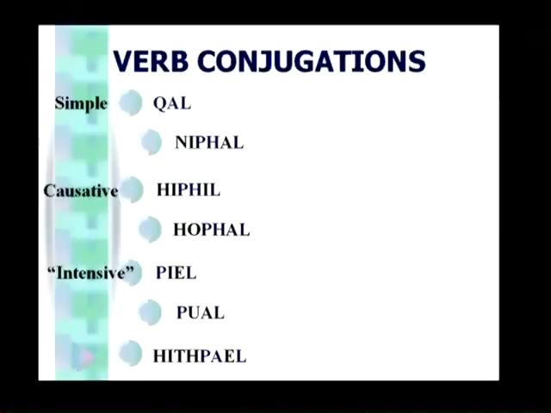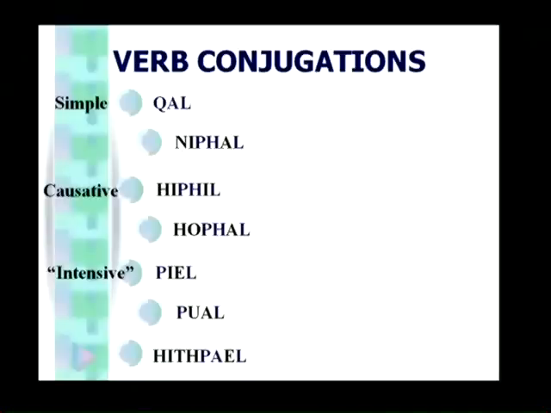All right? So as we're looking at this, these are the names of the 7 verb conjugations in Hebrew. Kal, nifal, hifil, hafal, piel, pual, and hithpael. Let's read them together.